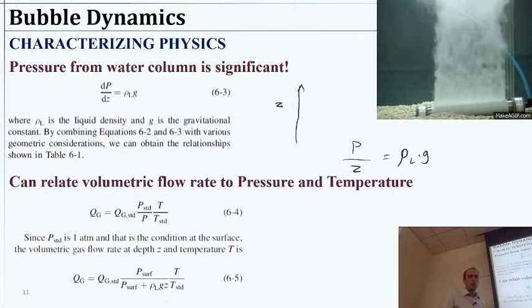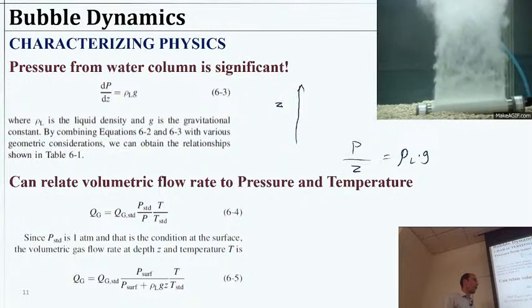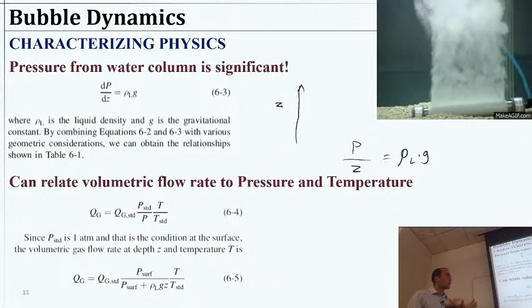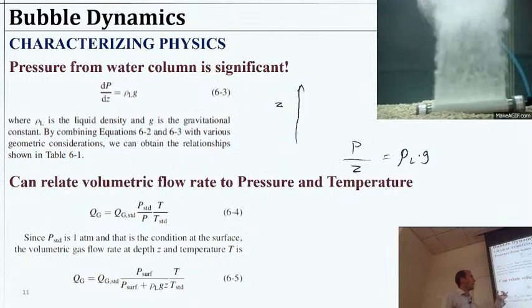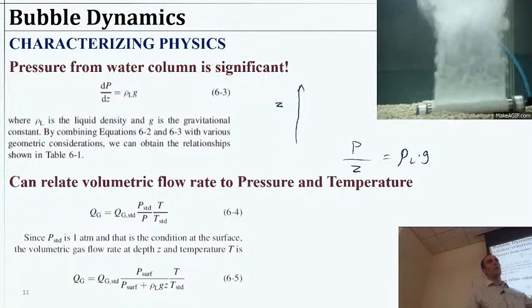Okay, so we can then relate volumetric flow rate to pressure and temperature. And this will become very important because we need some way to talk about how much air or gas we are applying.